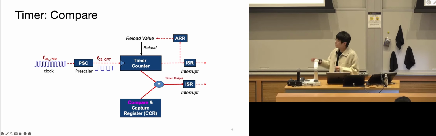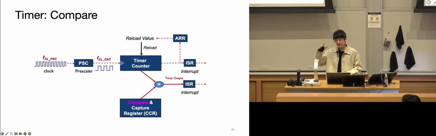The hardware will essentially consistently compare the free running timer counter's value with the value that's stored in the CCR register, set by the programmer in the compare mode. And whenever the two values are equal, that would trigger an interrupt, usually corresponding to an output signal.